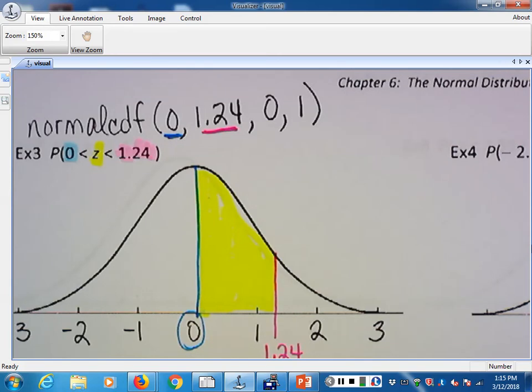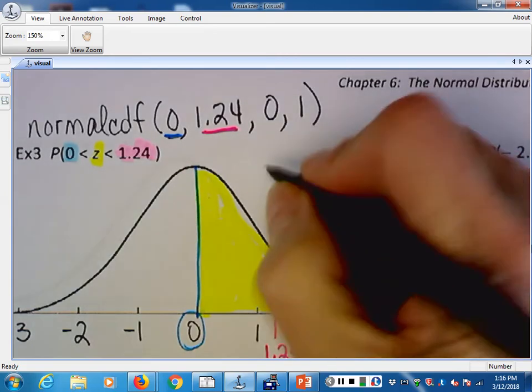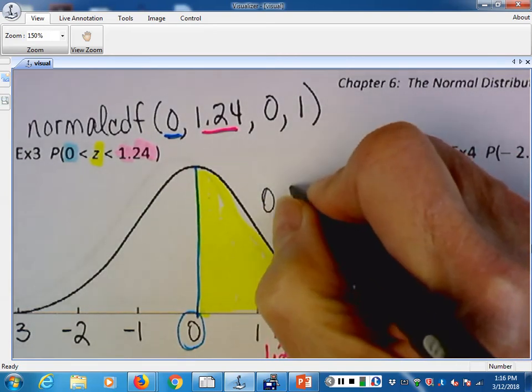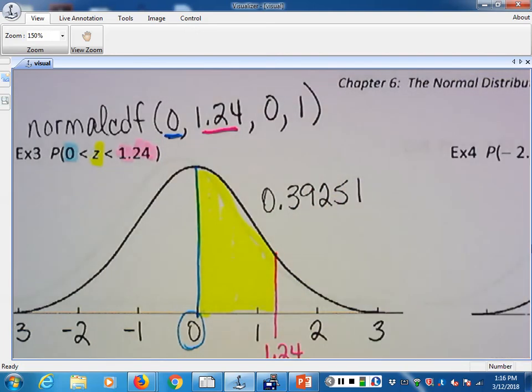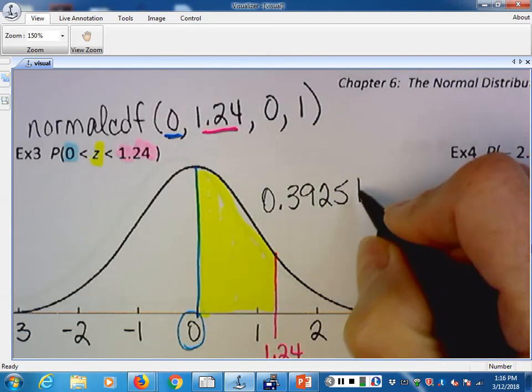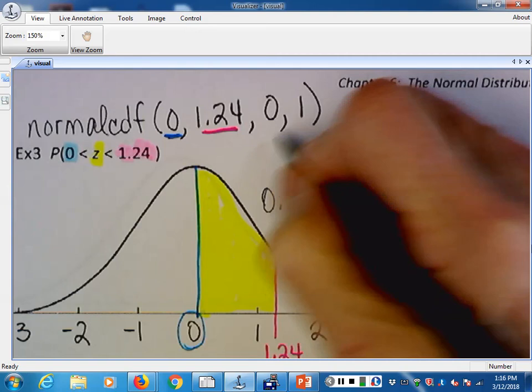What'd you get? 0.3925. Okay, 0.3925, because the number actually is 0.3925 and I believe the next digit's a 1, so we just leave it off.